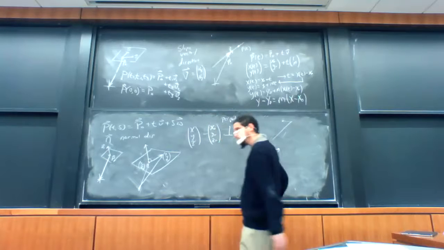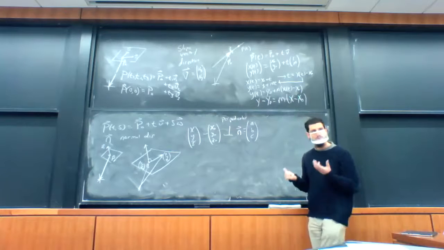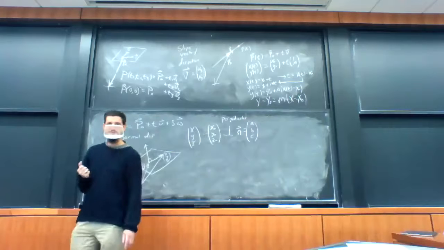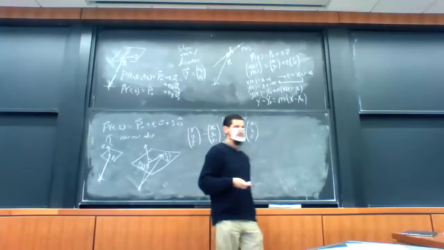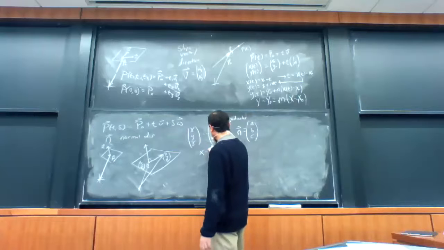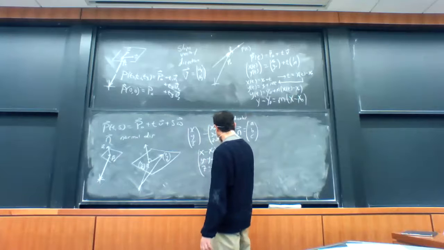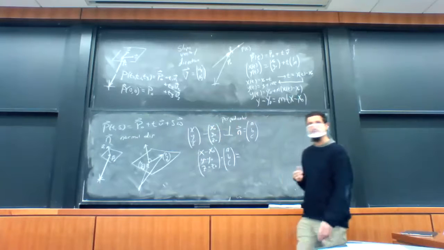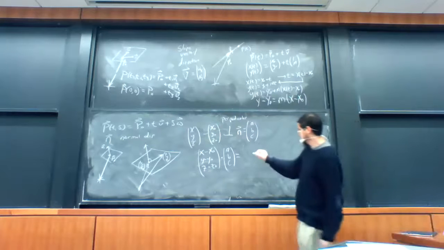If only we had a way to tell if two vectors were perpendicular. It would be wonderful if we could do that. Do we know any way to tell if two vectors are perpendicular? Dot product. So what must be true about the dot product? Zero. So we want (x minus x naught, y minus y naught, z minus z naught) dotted with (a, b, c), and is it zero the vector or zero the number? Zero the number.